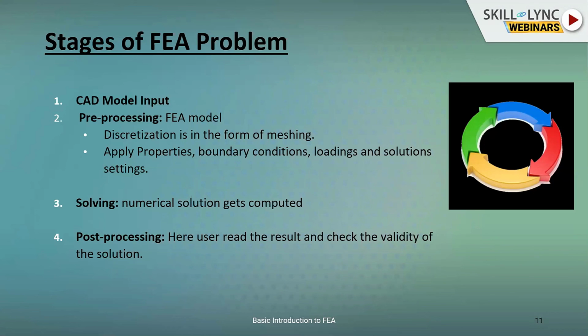Then apply the boundary conditions. Before applying them, you have to specify the properties: the sectional properties for this component and the material properties. Then you go for the boundary conditions and loading, and then the solution, what type of solution you want.